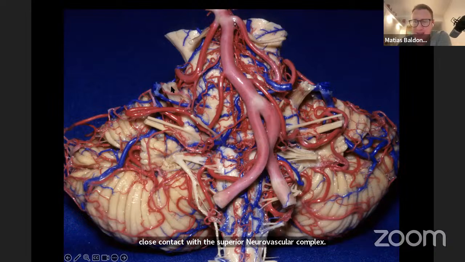And many times, when we have to operate on a patient with classical trigeminal neuralgia caused by vascular compression, the problem is that the nerve lies very close to the superior cerebellar artery, which is here.